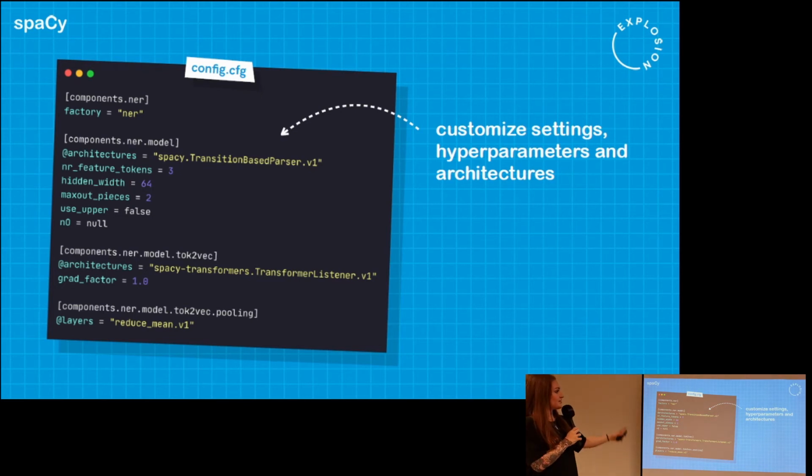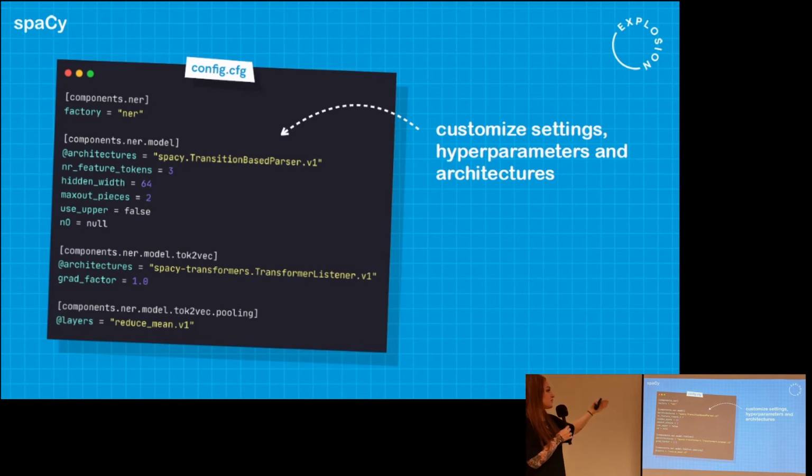So here's an example of a named entity recognizer component. We define a factory, which is how to create it, again, similar to the registered functions. And each component typically also holds a machine learning model that actually does the prediction and that we can train. So in this case, we're again referring to a registered architecture.